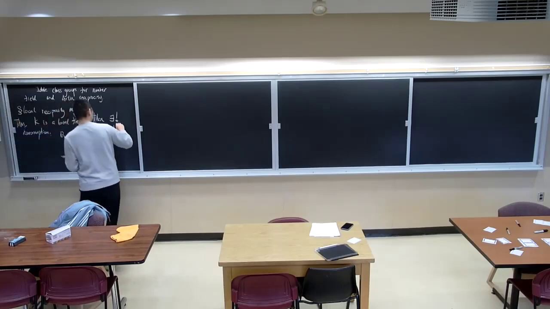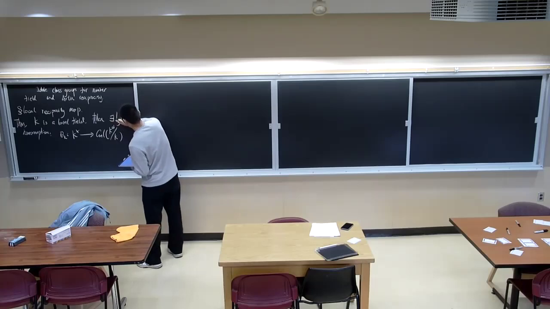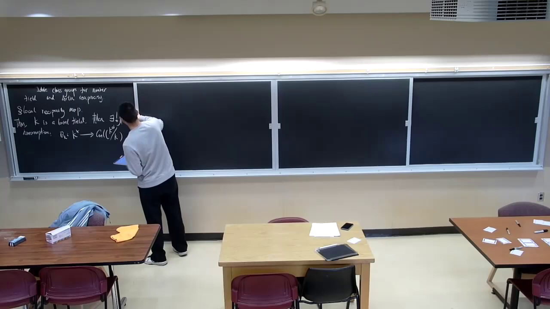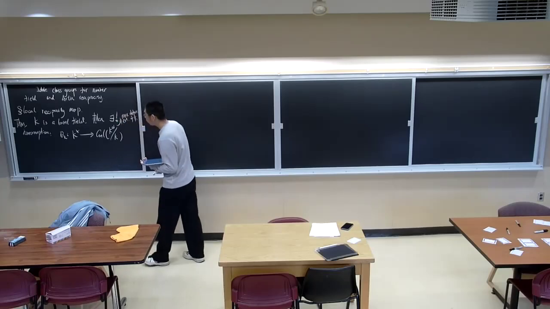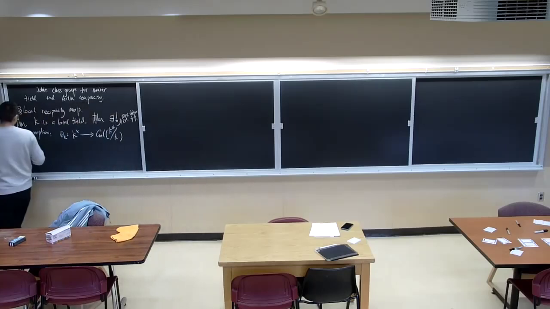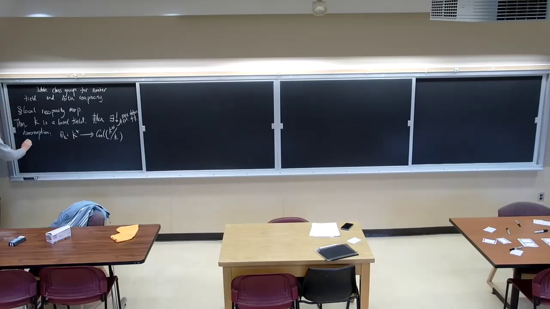Here, this K^ab means the maximal abelian extension of K. This is standard notation. So we have a homomorphism starting from the local field K cross to the Galois group, and it satisfies the following property.